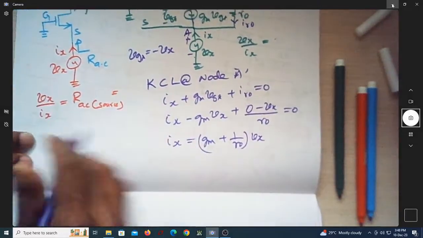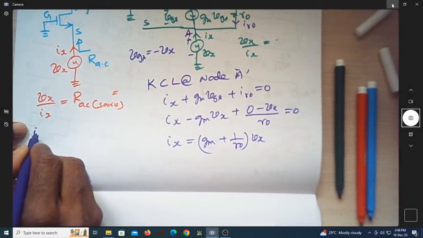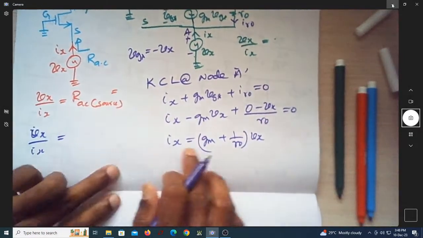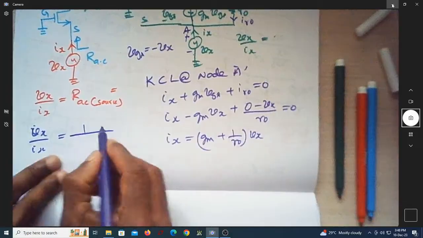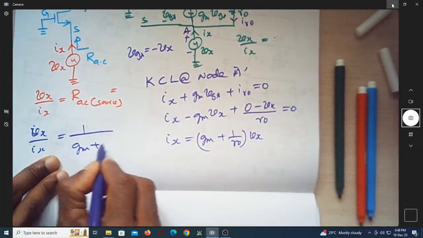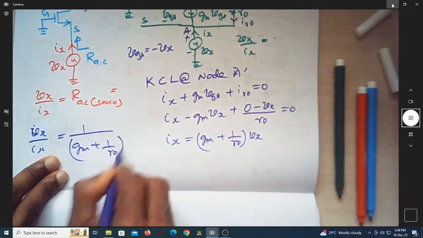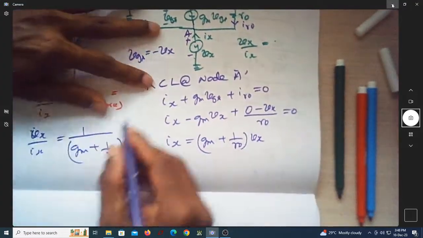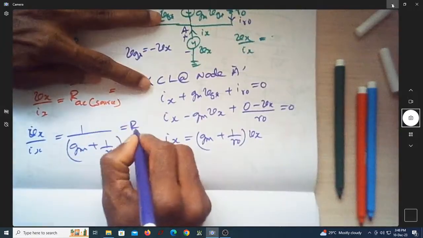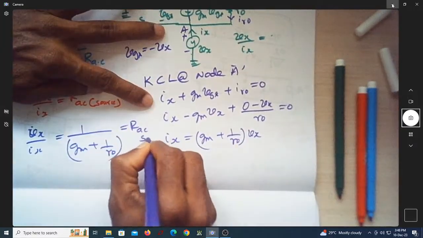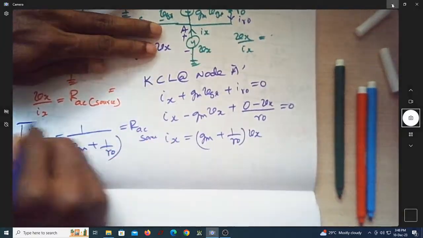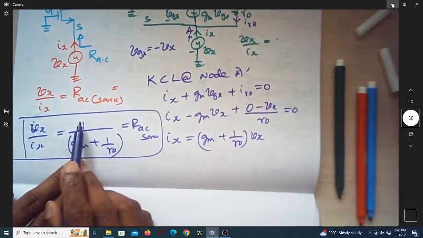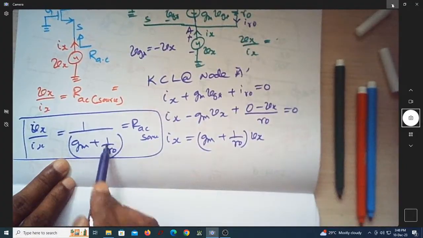Now I will rewrite this as Vx by Ix is equal to, is it not, 1 over gm plus 1 over R0? So this is my Rout. This is my RAC looking towards the source. So if I look towards the source, the resistance is 1 over gm plus 1 over R0.